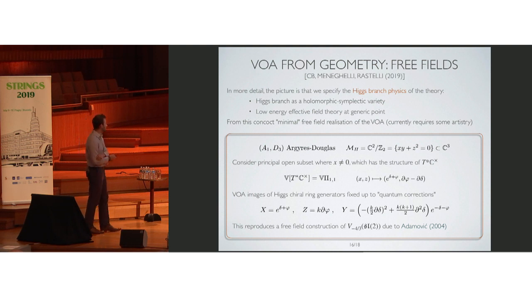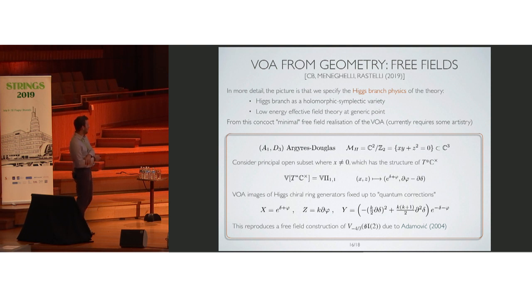and requires some artistry. So as an example, if you look at the A1D3 Argyres-Douglas theory, whose Higgs branch is C^2 mod Z_2, which is also the variety defined by xy + z^2 = 0 in C^3, then the way the game looks is that you look at a big open subset of this algebraic variety. So I look at the subset where x is not equal to 0, and that thing looks like the cotangent bundle of C^*.